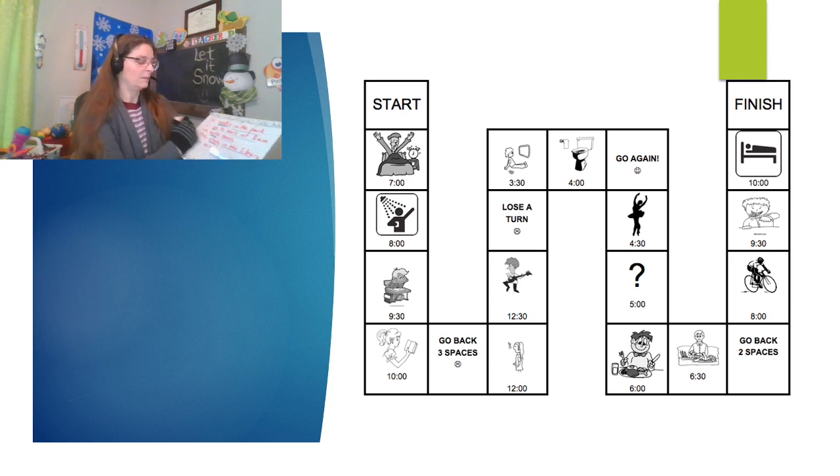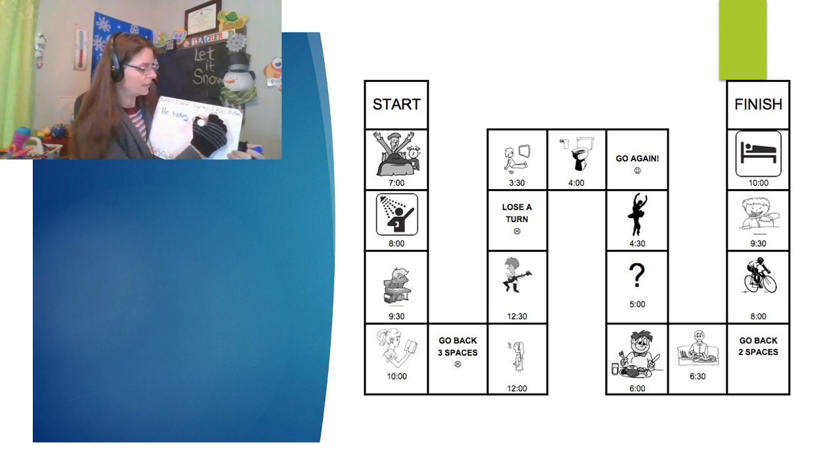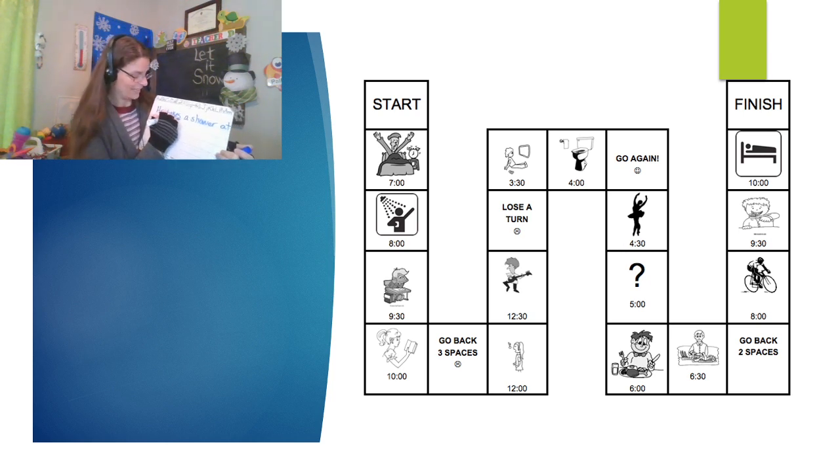Okay, I'm going to erase this. And let's use the word he so that we can practice our verb with the S. Okay, yes. He takes a shower at 8 o'clock.